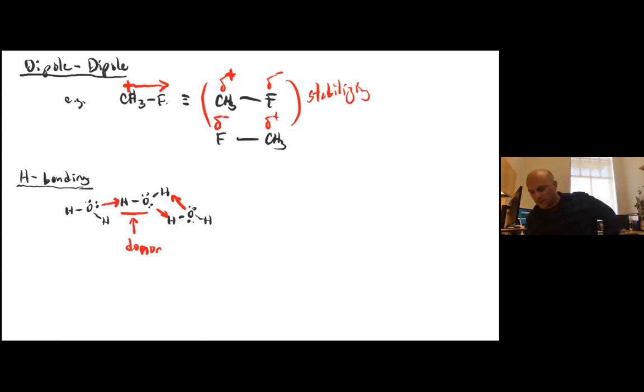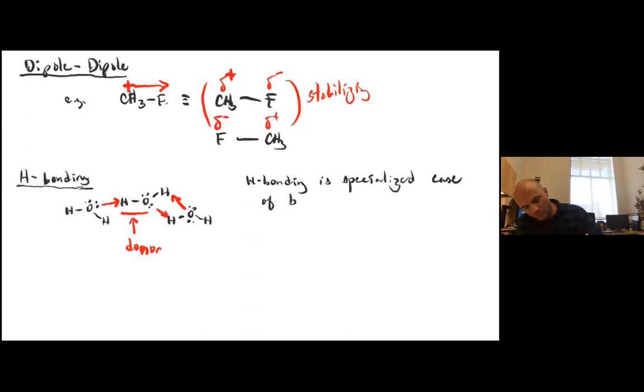And so hydrogen bonding is just a specialized case of a Bronsted acid-base interaction. When we talked about those interactions back when we did acidity, we said that a Bronsted acid is any species that can donate a proton.